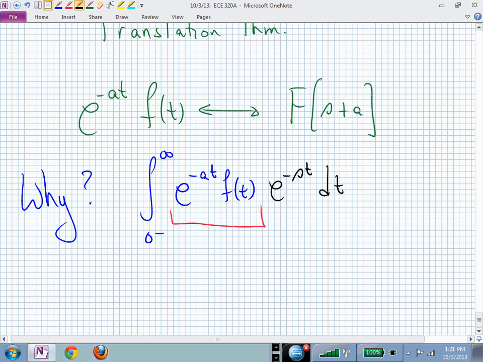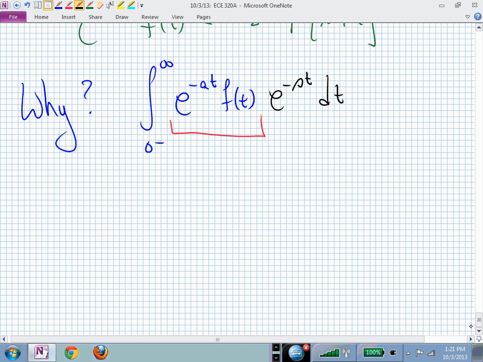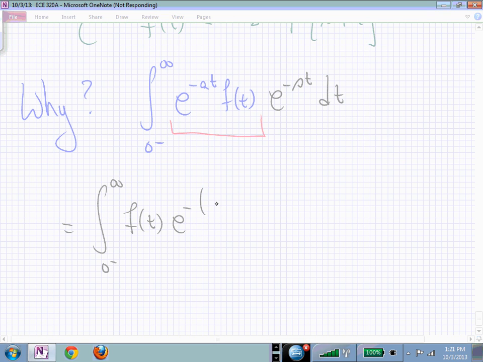That's my definition of the Laplace transform of an exponentially damped function f of t. But now we can combine our exponentials, can't we? The exponents in our exponential. So this now becomes the integral from 0 minus to infinity of f of t e to the minus f.